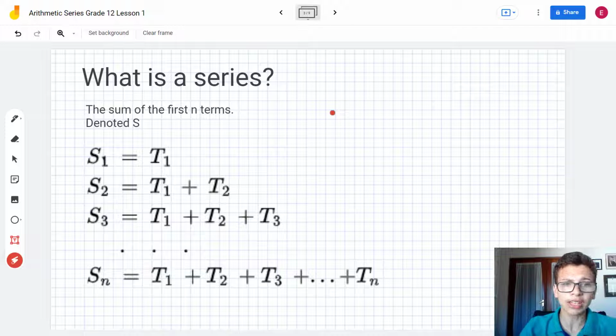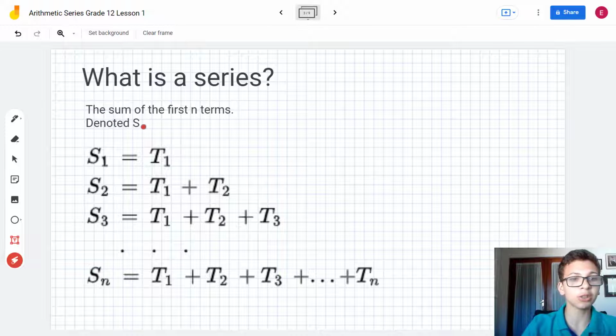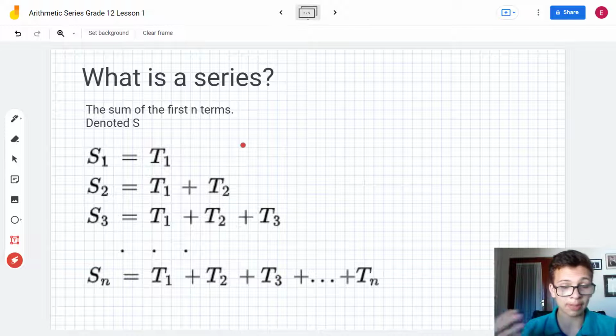So to start off the lesson, what is a series? Well, a series is simply the sum of the first n terms of a pattern, and it's normally denoted S. While T is denoted as a term of a pattern, S is denoted the sum of the first n terms.